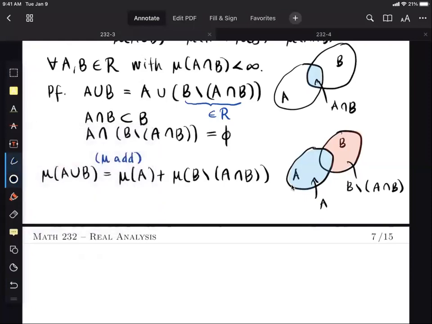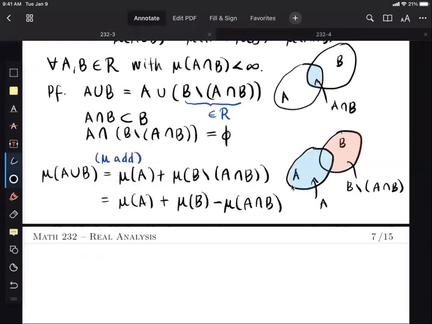For the second term, the intersection being a subset of B, we recall from the second property the content of the difference of the content. Of course, provided that the content of the intersection is finite, which is the assumption here.